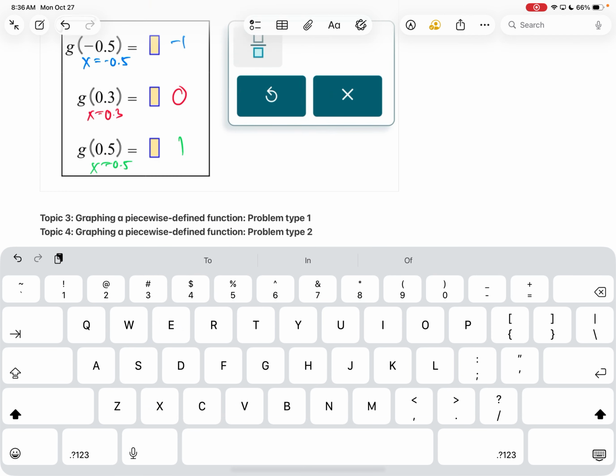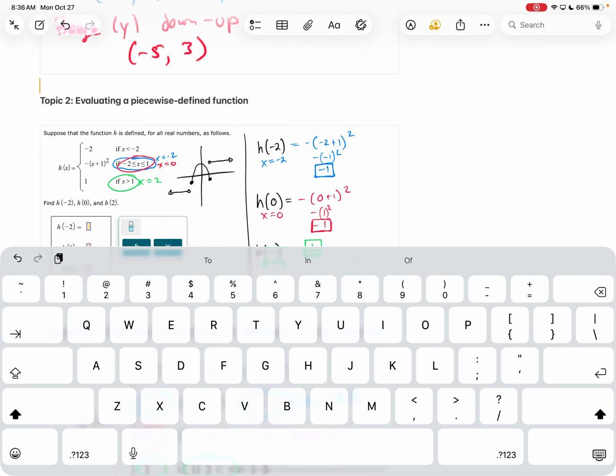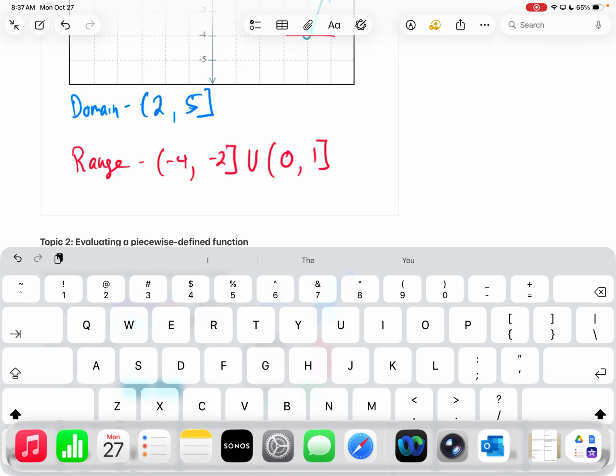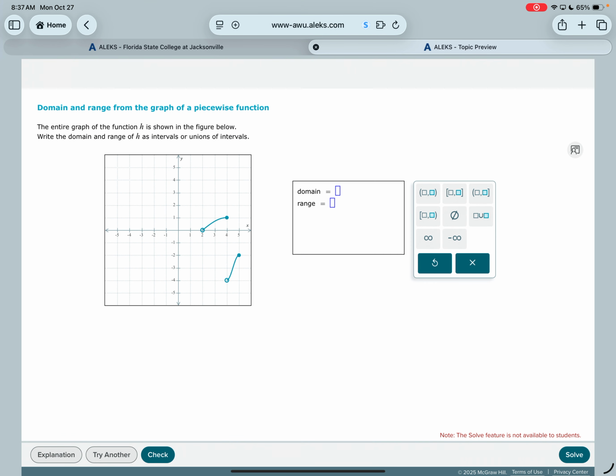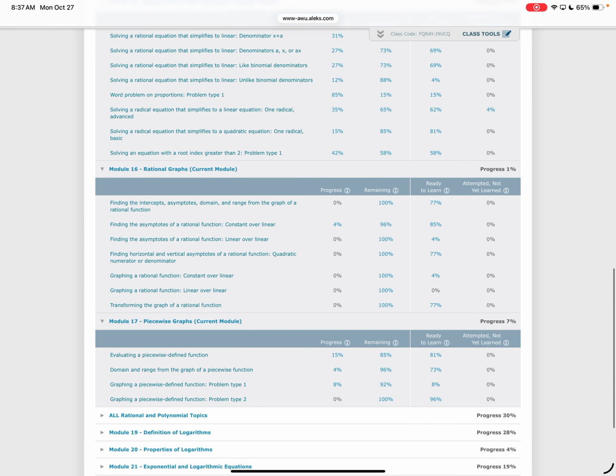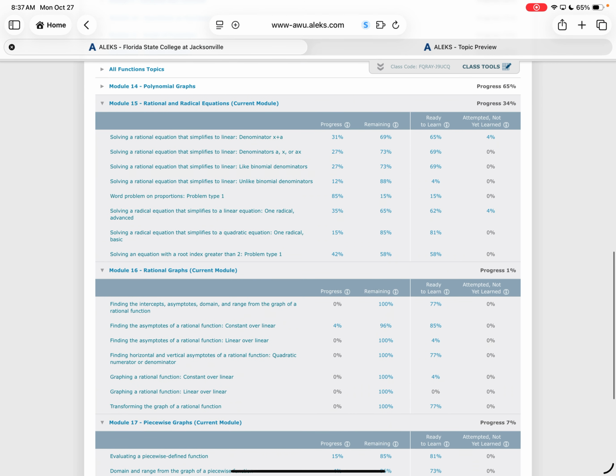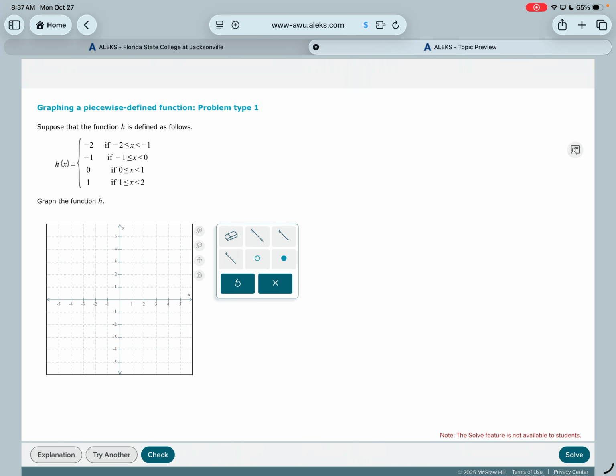All right, the graphing part of this is the hard part. It's just kind of hard to do on the computer, to tell you the truth. So the first one starts out with a step function.